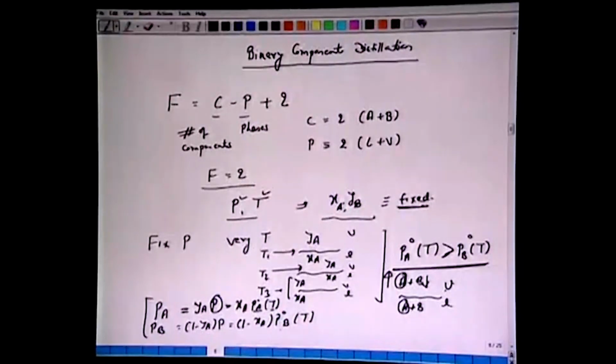We know the vapor pressures of A and B. We have two unknowns, XA and YA, to calculate from these two equations. So that's the meaning of degree of freedom. Once we fix the pressure and temperature, the mole fractions of A and B are fixed in both phases.